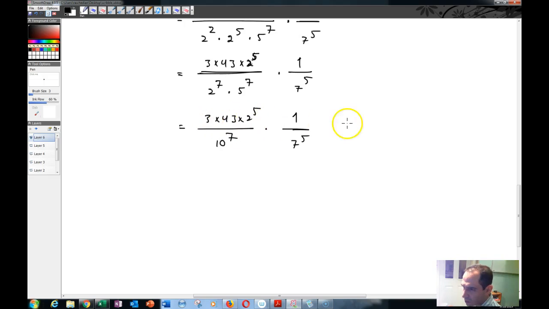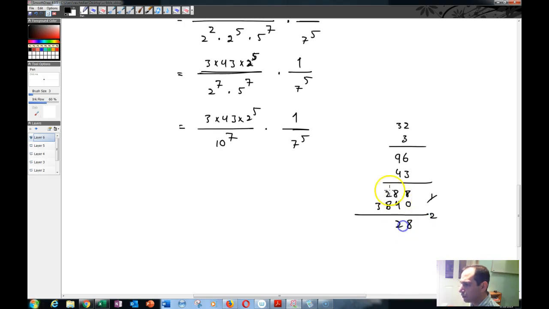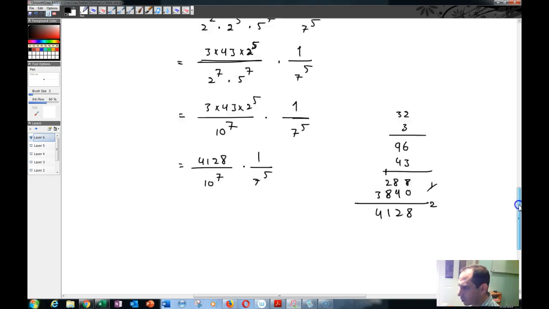So that's 32 times 3, which is 96, times 43, which is 4128. So it is 4128 over 10 raised to the power 7 times 1 over 7 raised to the power 5, for example.